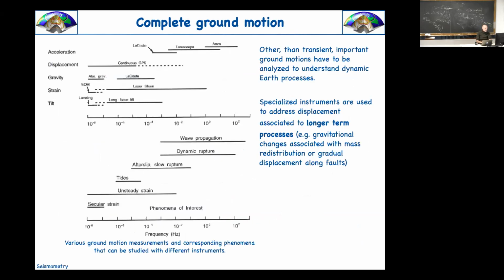And final slide, it's an old one, just to tell you that what we have been discussing, and are going to discuss in this course, is mainly here. This picture was taken when GPS had, in the 80s, a sampling rate that was too low to be used in seismology.